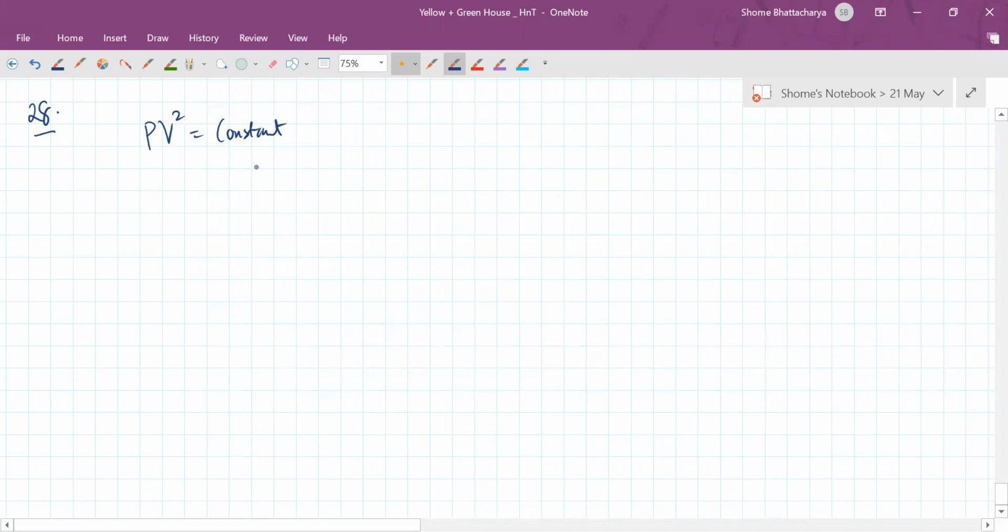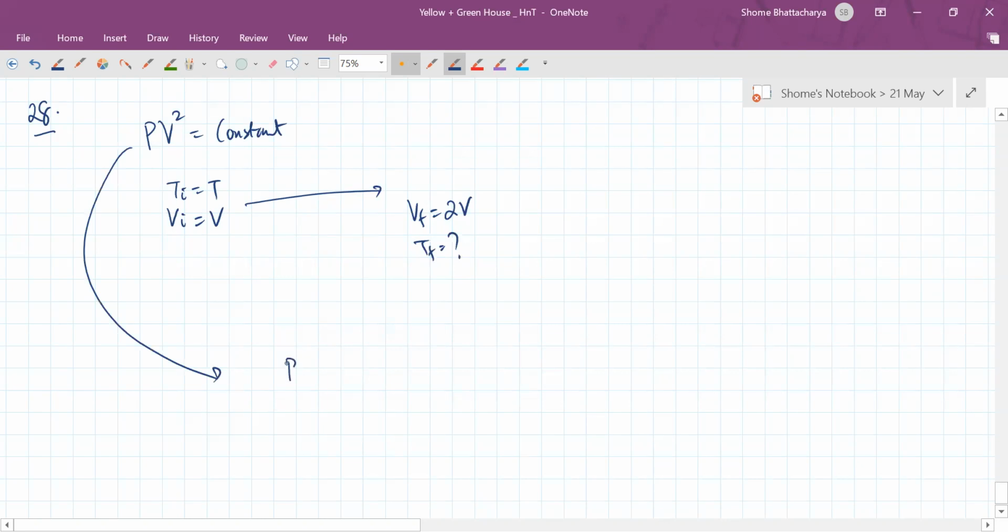So the gas is initially at a temperature T. So initial temperature is T, initial volume is V. Now the final volume is becoming 2V. Okay, this is very simple. So we have to find the final temperature. So PV square is constant. That means now P is proportional to T by V because PV is equal to nRT.